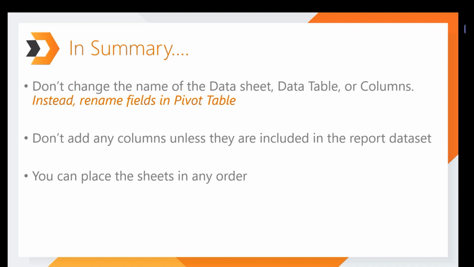And you can place those sheets in any order. It's not like the data tab has to be first or the report metadata tab has to be last. I think you can even hide those when you run it. Any of the sheets that you add can be in any order.